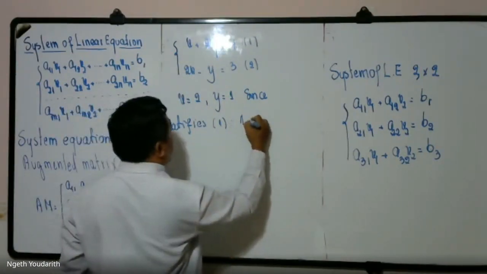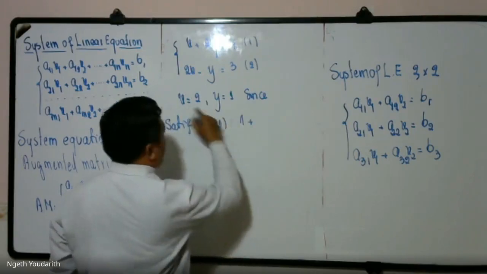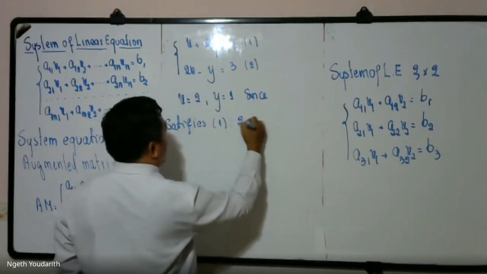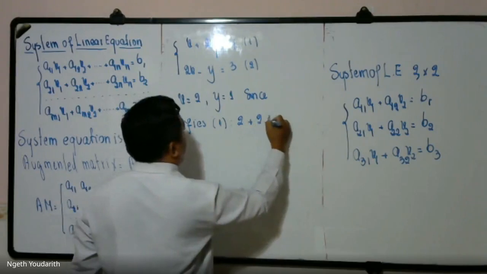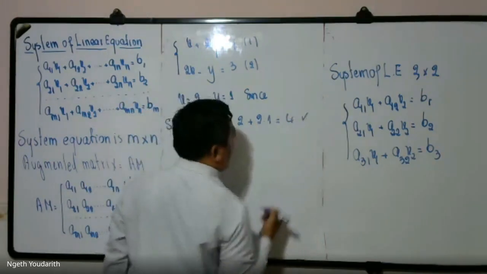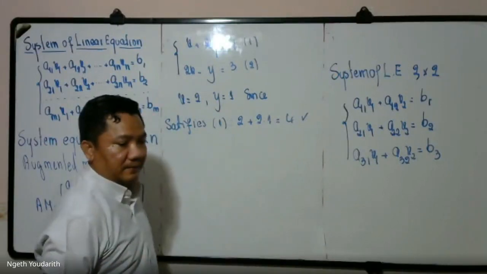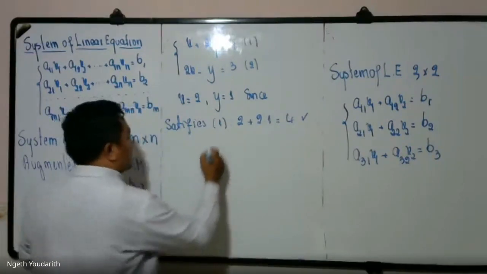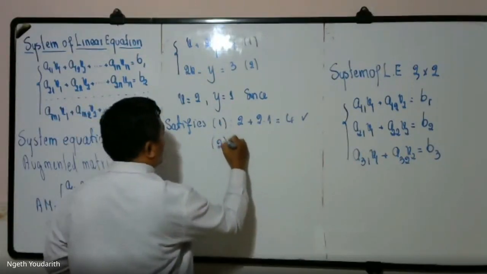It means 2 plus 2 multiplied by 1 equals 4. Correct or not correct? Correct. And how about equation 2?